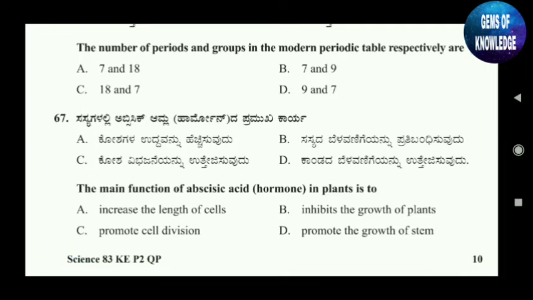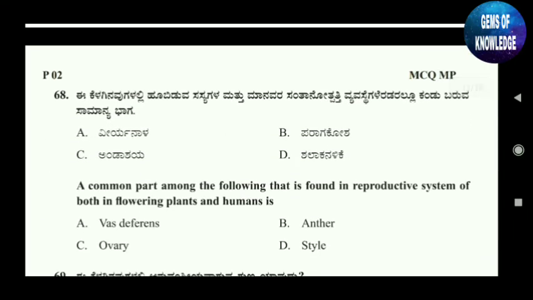So moving to the next question, the 68th one. A common part among the following that is found in the reproductive system of both flowering plants and humans is... We have to identify a reproductive part which is found in both plants as well as human beings.